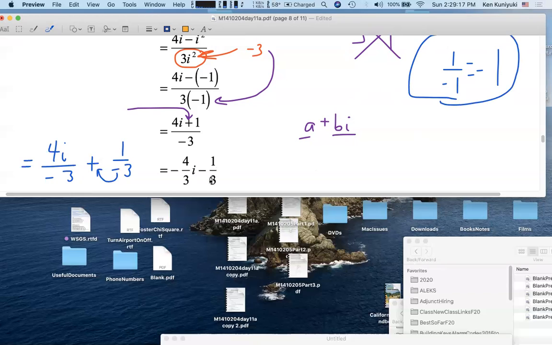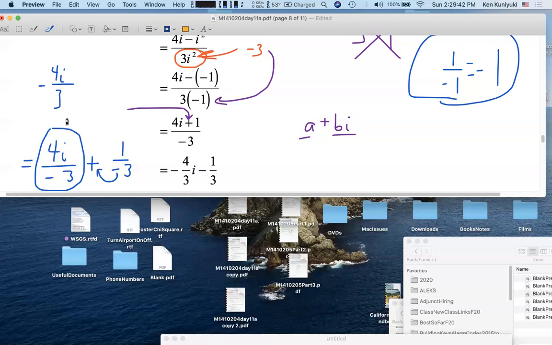So we end up with -1/3 over here as our real part. Now over here on the left, we have 4i divided by -3. Again, the -1 factor on the bottom, we can pop out outside. So we get -4i over 3.